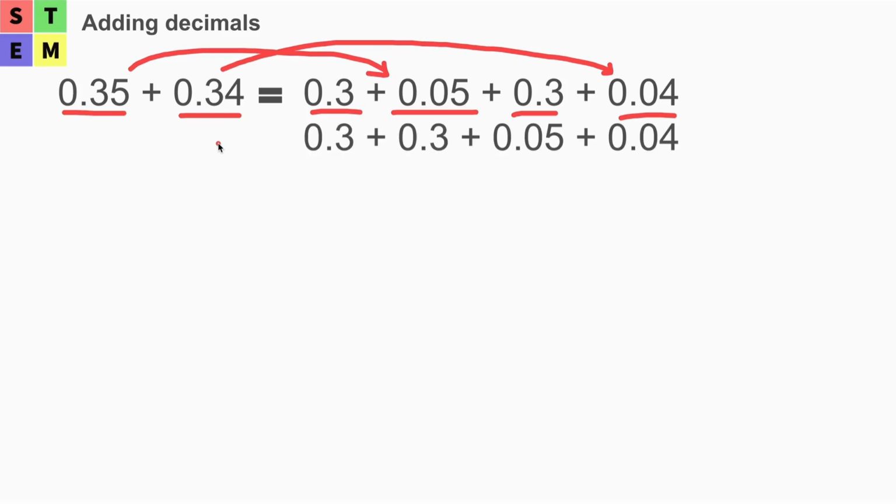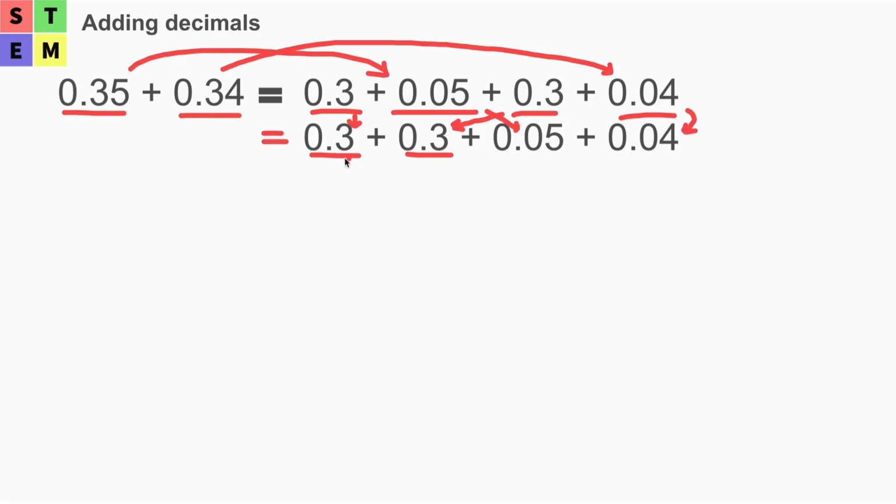And now what we're gonna do is switch them, right? So we're gonna put 0.3 here plus 0.3 here. Okay, so this is this and this one is this one. And we got 0.05 here and 0.04 remains in the same place.